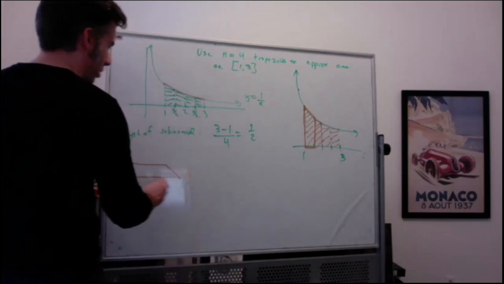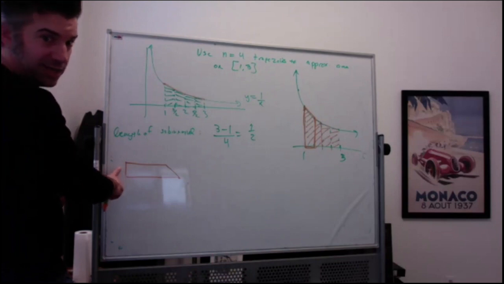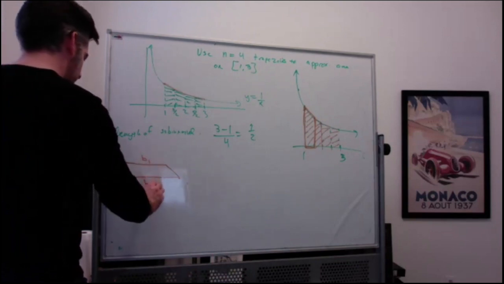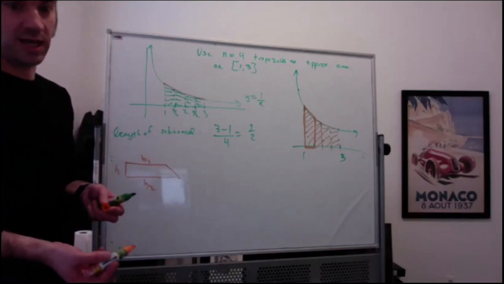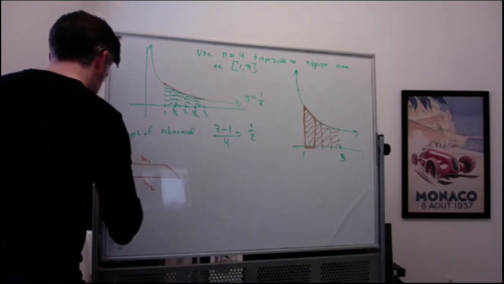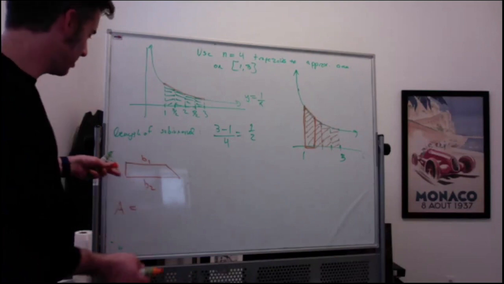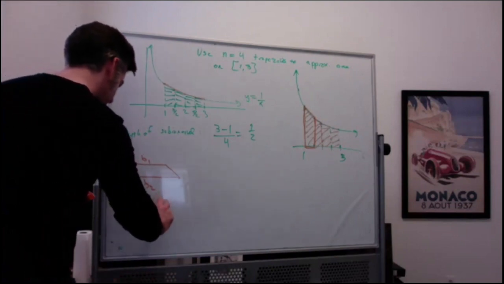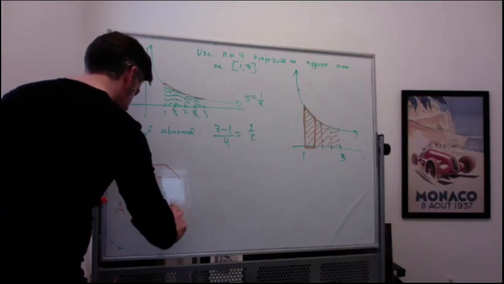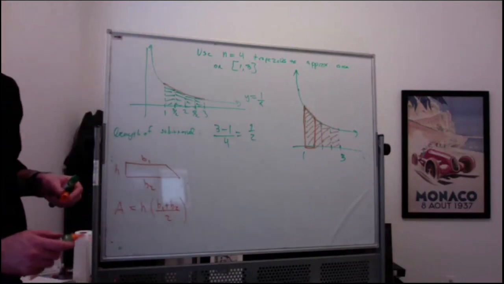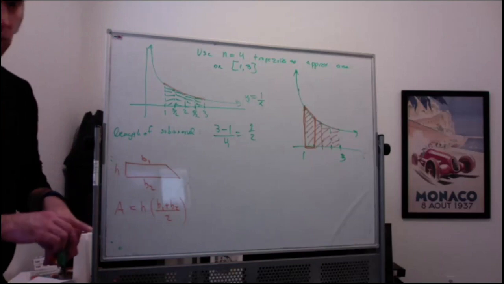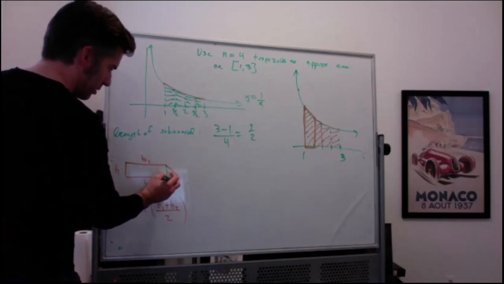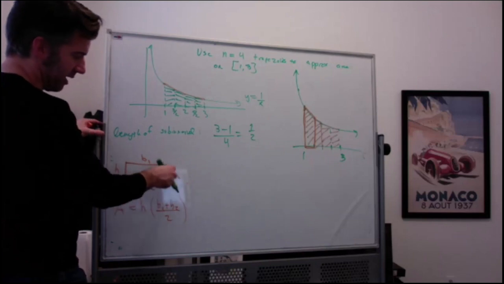And here, we typically call this the height. This is base 1, and this is base 2. The area of a trapezoid is exactly the height times the average of the bases. If you think about it, you can take the short base and the long base, and the average is halfway between.